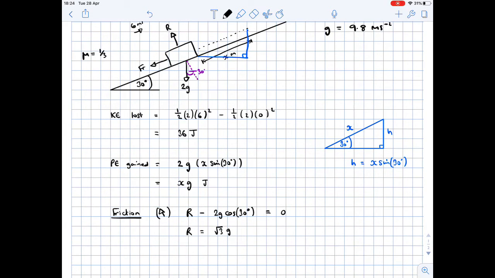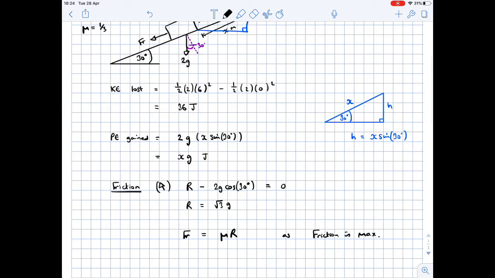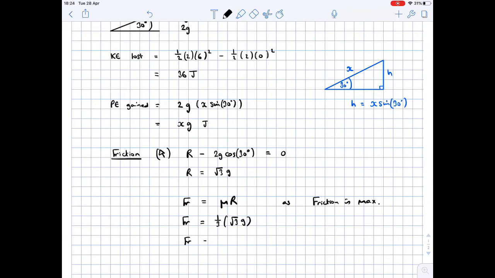Now we know that as it is moving, friction is maximum. So we know that friction is equal to mu R as friction is maximum. So the friction is equal to mu, which is 1/3, times R, which is root 3g, which gives us a value for friction of root 3g over 3.